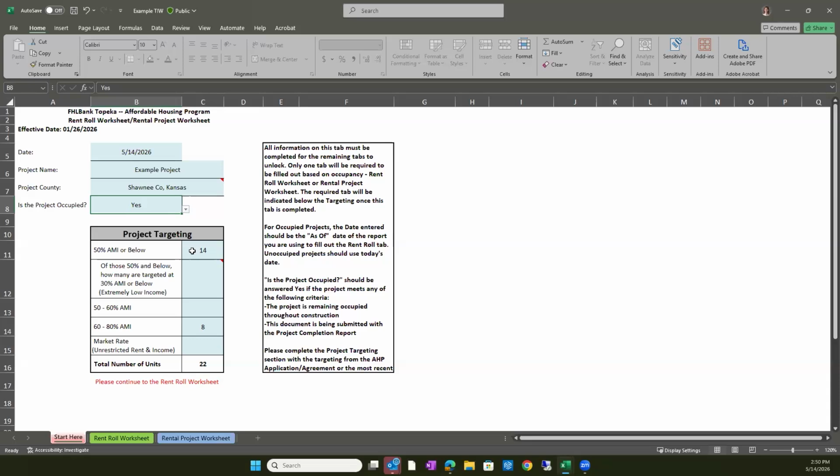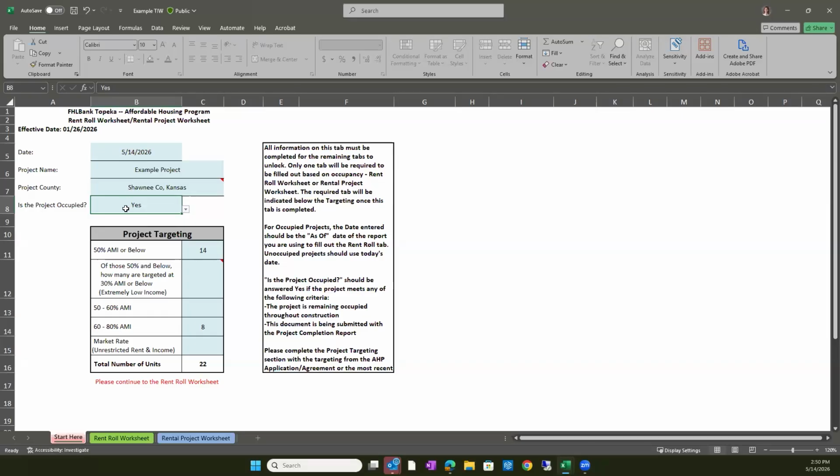Again, you can refer to the Scoring Commitments webinar from last week to hear more about targeting as a whole and how those points work. But please make sure what you enter here matches so that we're looking at consistent information across the board. Additionally, there's some additional text to the right that will give you some help in filling out the information here if you do have any issues or have questions.